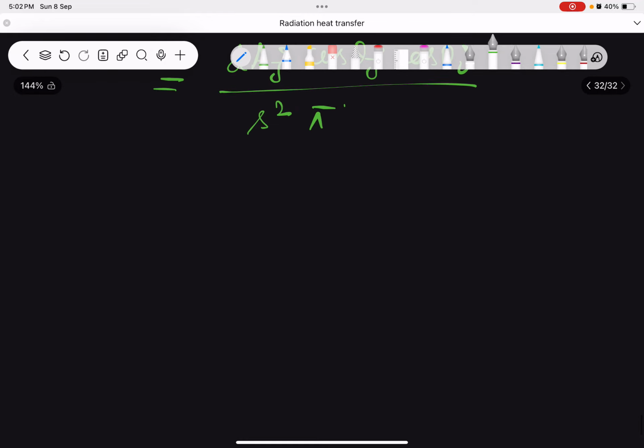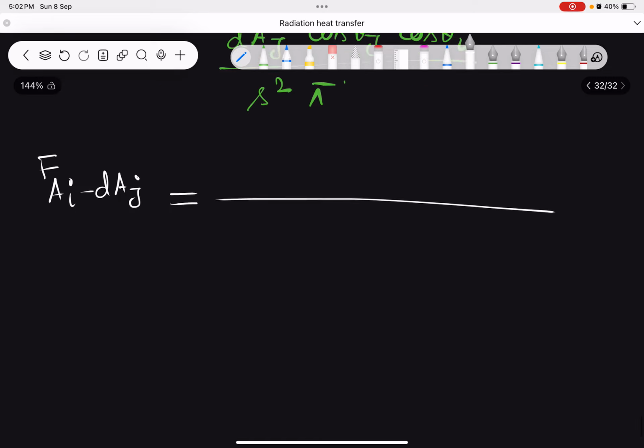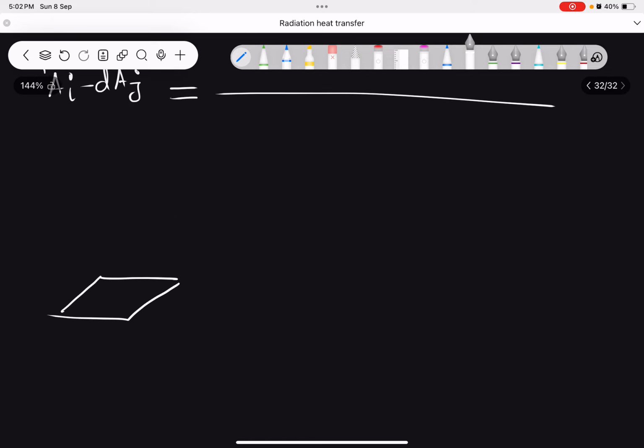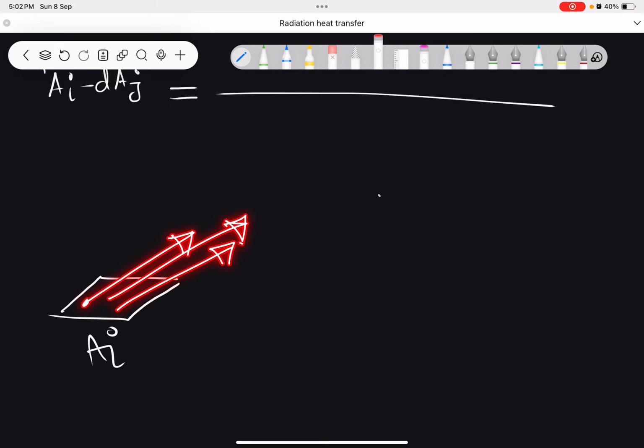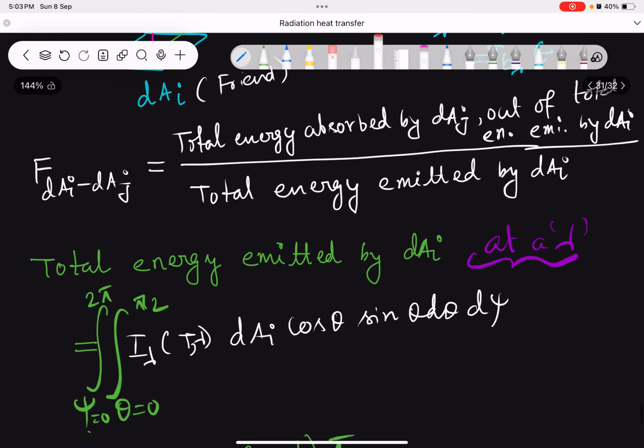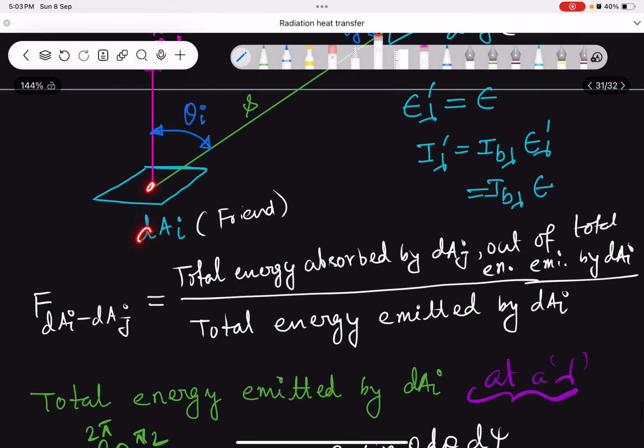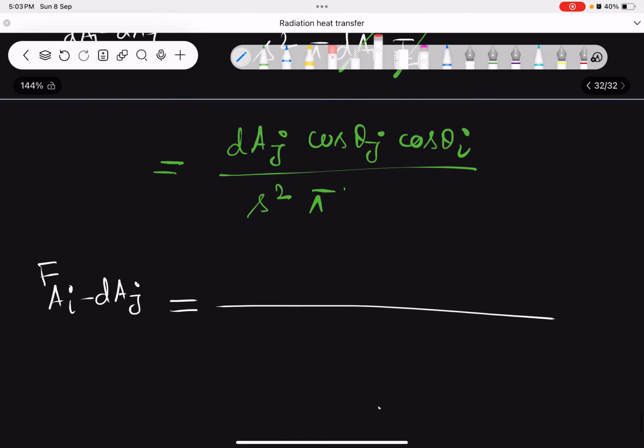But these are for infinitesimal area. Now can you tell me what will be F Ai to dAj? I am saying that we have a finite area Ai and a very small area dAj. That means now there are so many points through which the radiation rays will go out. Earlier we had only one point because dAi is as good as a point. But now we have so many points.